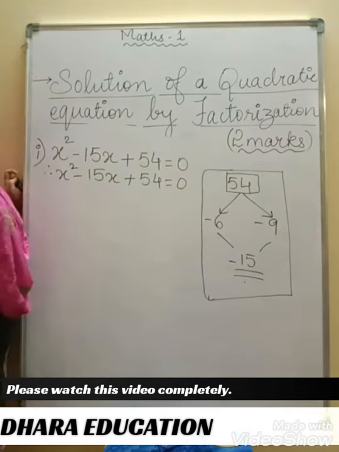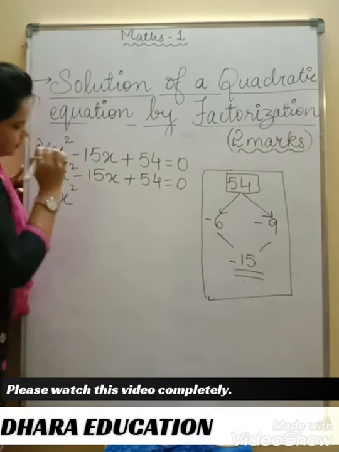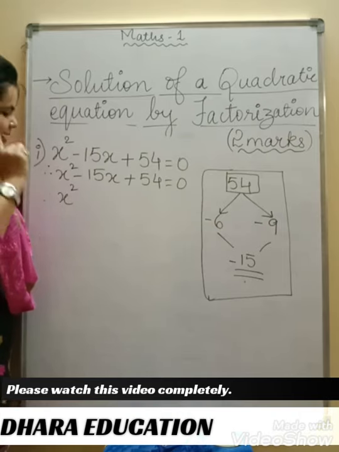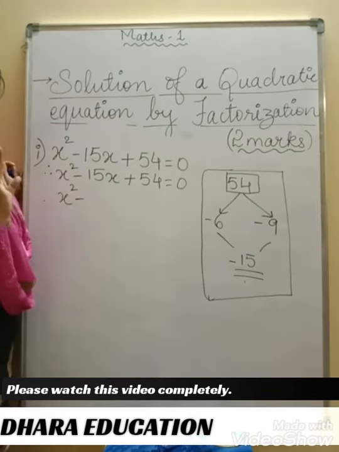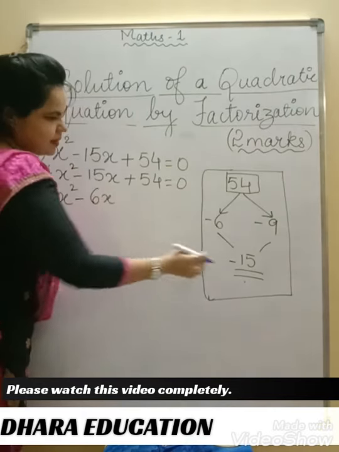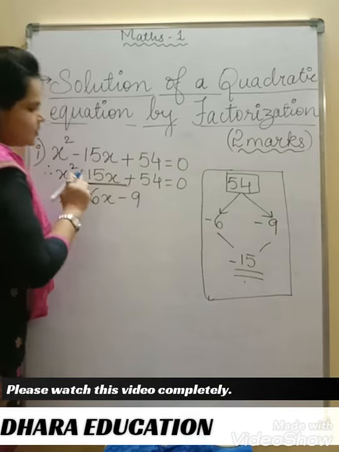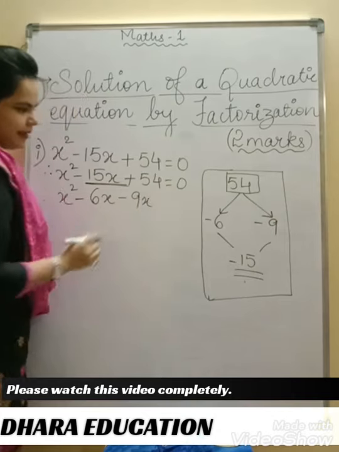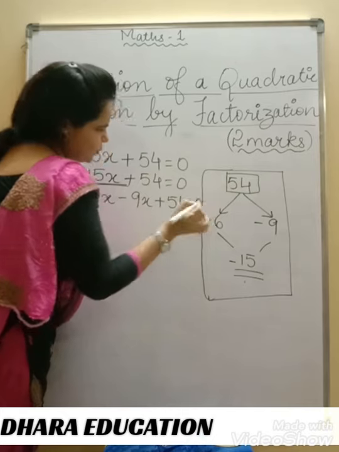Already we have taken out the factors. So the first term will be as it is, we will write x square, minus the same sign we will use, 6, that is minus 6x minus 9x. We are actually dividing this minus 15x into minus 6x and minus 9x, and 54 as it is we have to write, equals to 0.